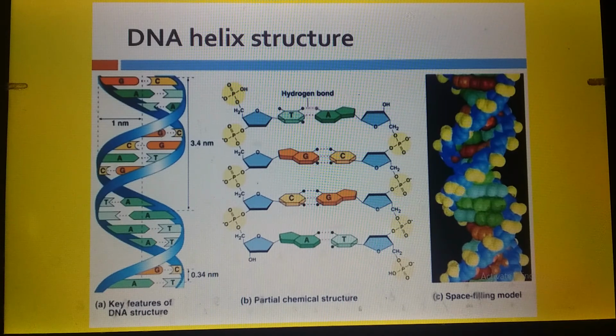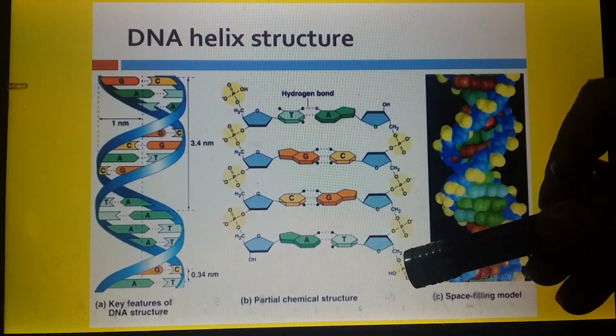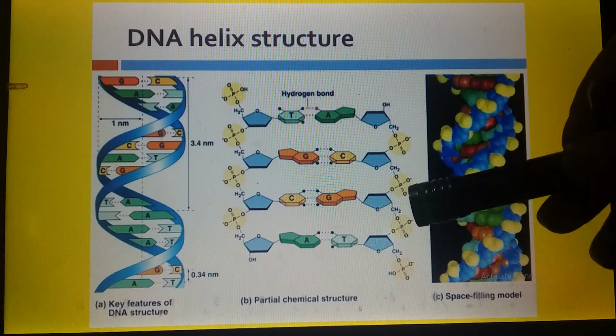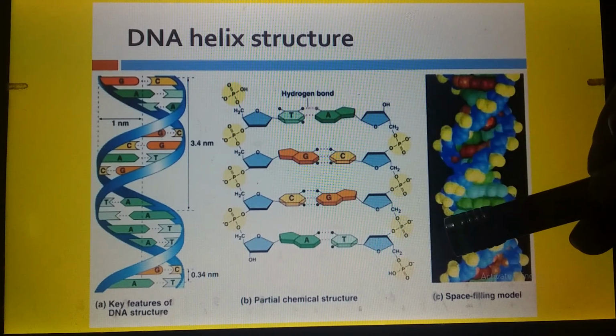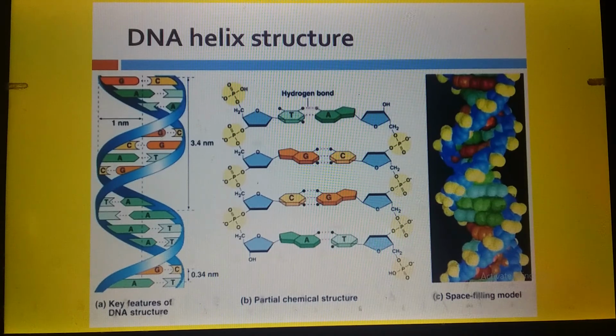Here I will give you a few points about the DNA. You can see here DNA has 2 strands, and these 2 strands consist of nucleotides, about 200 nucleotides present in one nucleosome.